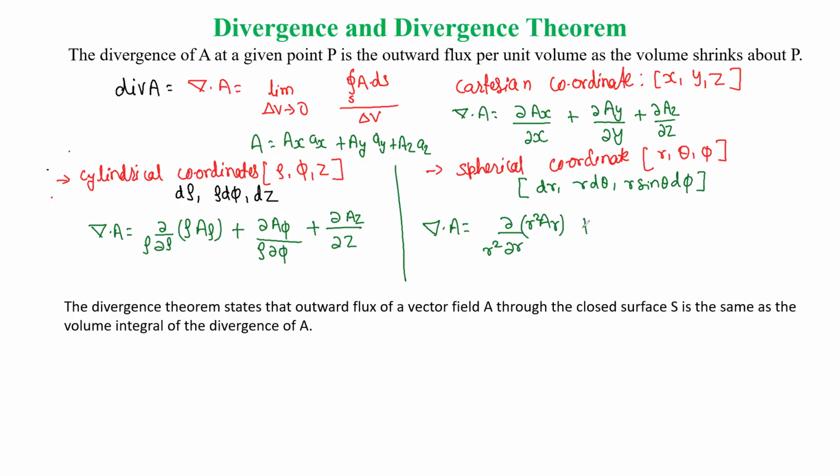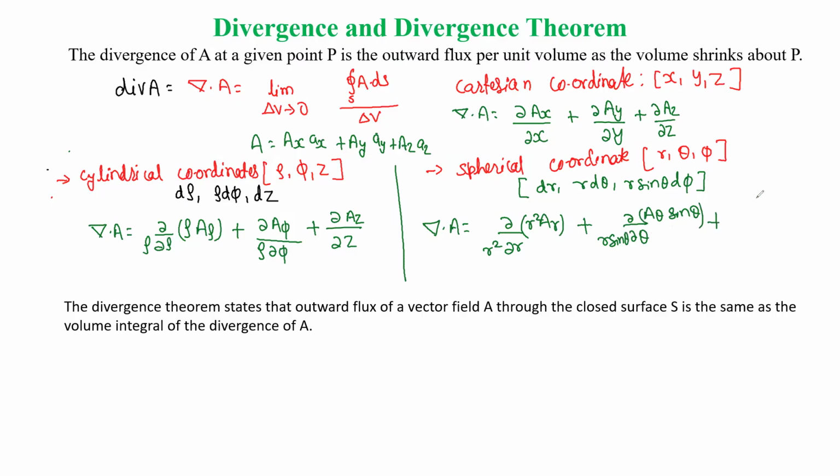Plus, in general, 1 by r sine theta, dou by dou theta, and here the A theta component is going to come, multiplied and divided by sine theta. That's why we again write the sine theta.